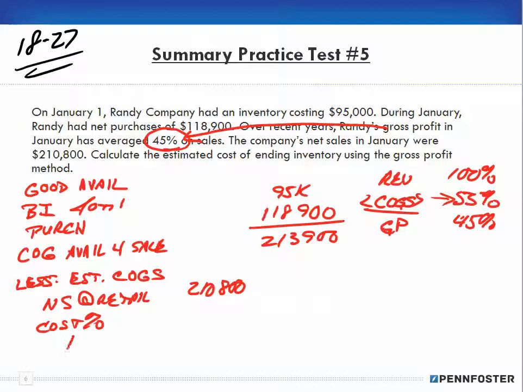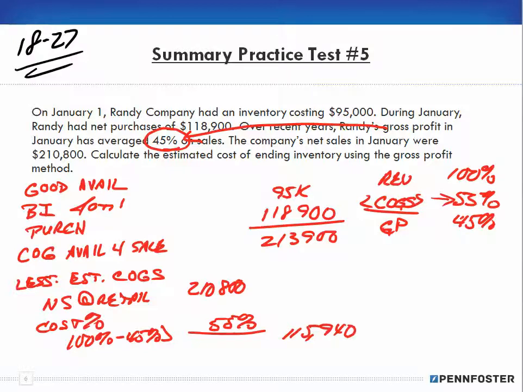So that's our cost percentage, the 55%. That's 100% minus the 45% for our gross profit, which gives us 55%. Now, when we multiply the 210,800 by the 55%, we end up with 115,940. So that is our estimated cost of goods sold.